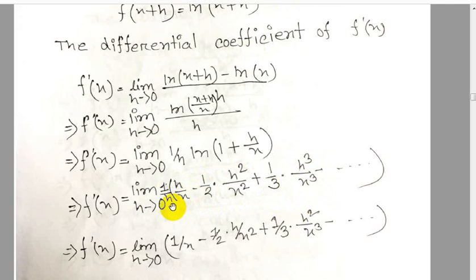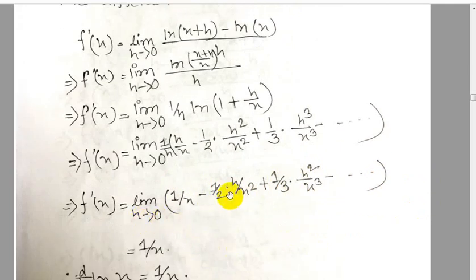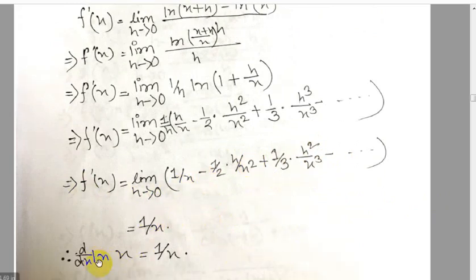Multiply 1 by h with all the terms, and you have 1 by x minus 1 by 2 h by x square plus 1 by 3 h square divided by x cube minus dot dot dot. If h tends to 0, all the values depending on h will be 0. Therefore you have got 1 by x. So the differential coefficient of ln x is equal to 1 by x.